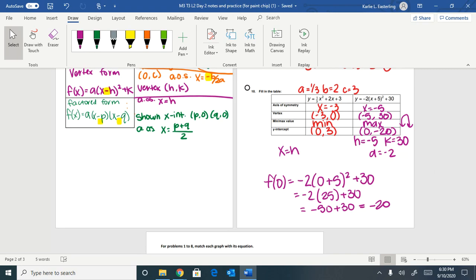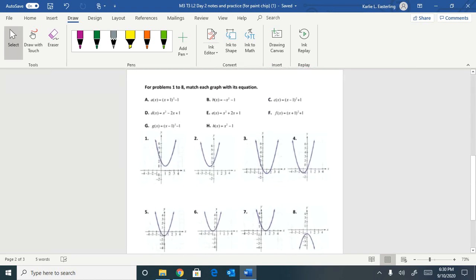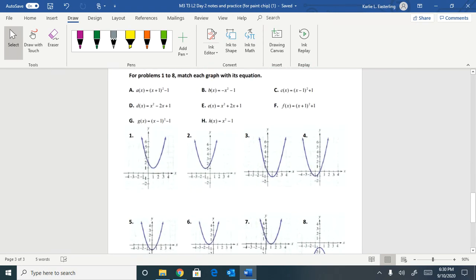So the last little thing that we're going to talk about is some transformations. And these are very, very similar to whenever we were talking about transformations with our absolute value functions, except these obviously are with quadratic functions.